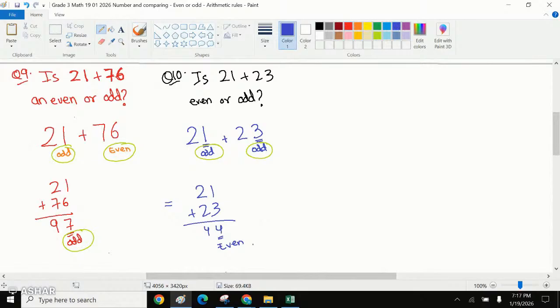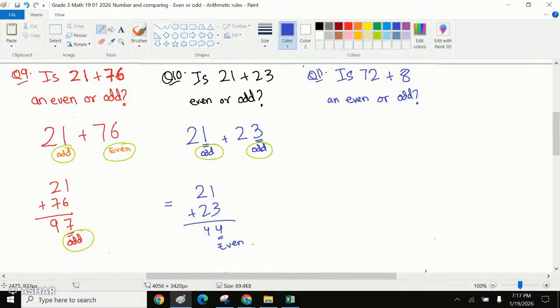the next? Let's see, question number 11. Question number 11 says, is 72 plus 8 an even number or an odd number? We know that they both are odd, right?